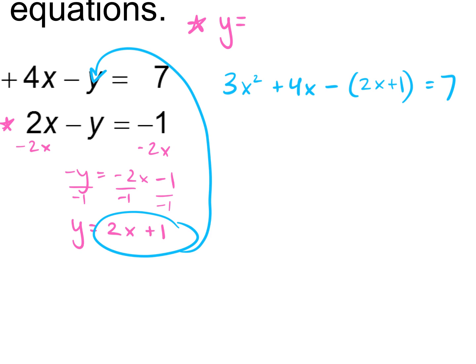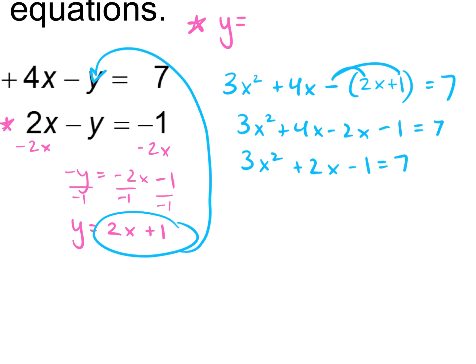What would we do next? Distribute the negative. So 3x squared plus 4x minus 2x minus 1 is equal to 7. We can combine like terms. So 3x squared plus 2x minus 1 is equal to 7. What else could we do?